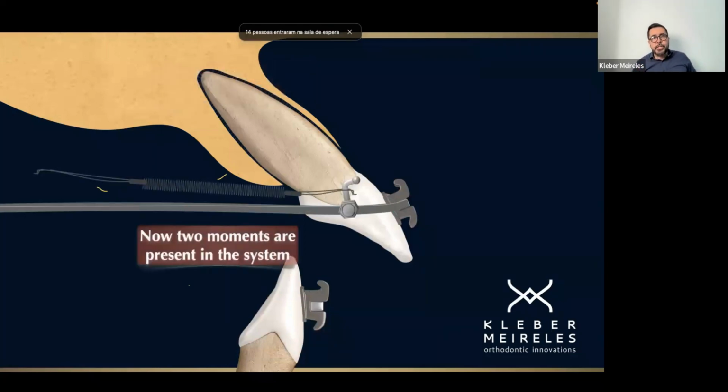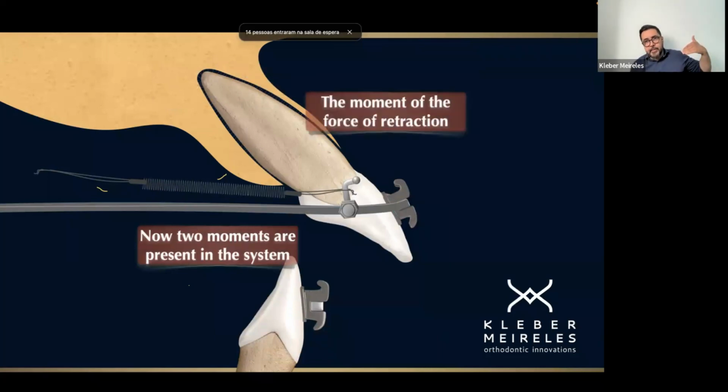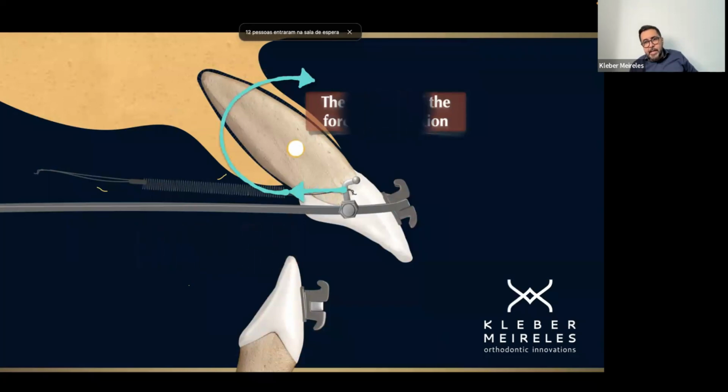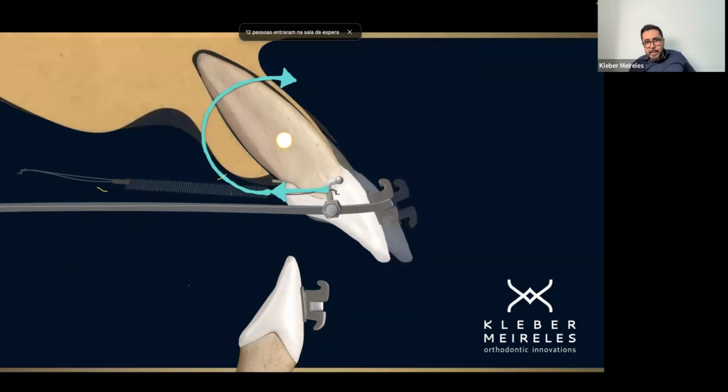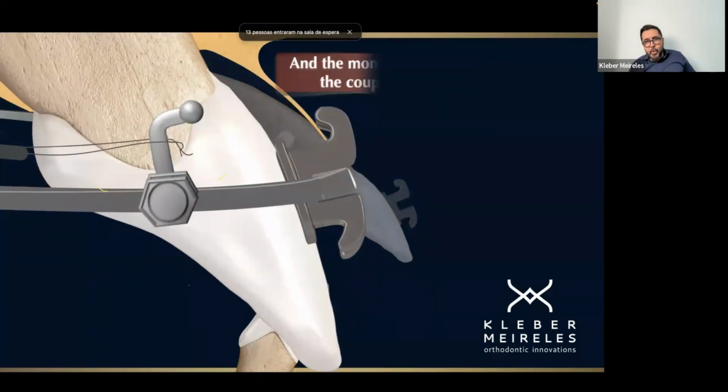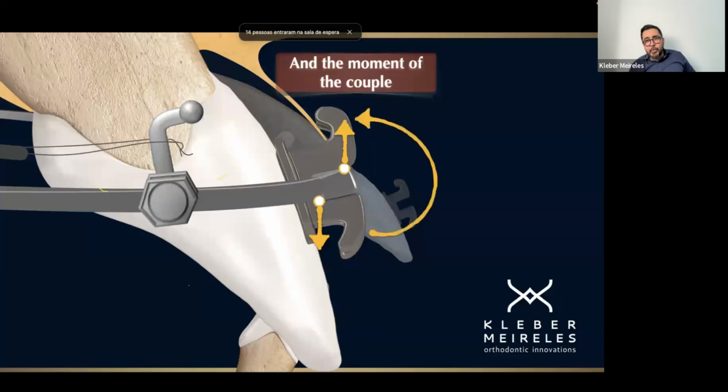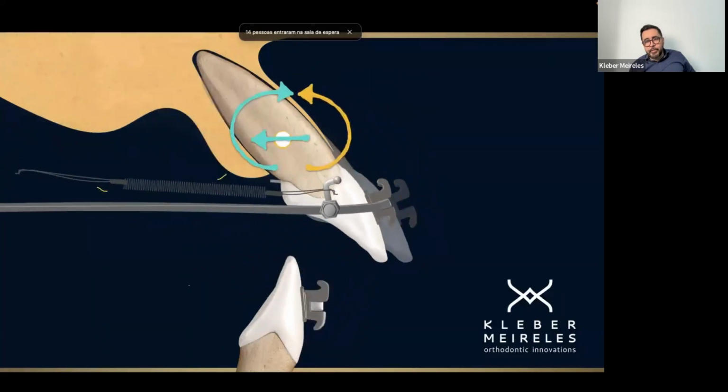Now we have reached the phase that we need to change the inclination, the retraction phase. So the moment of the force is being generated, and now we have the moment of the couple being generated inside the slot. So at some point, the moment of the couple is going to be generated, and it will counteract the moment of the force.